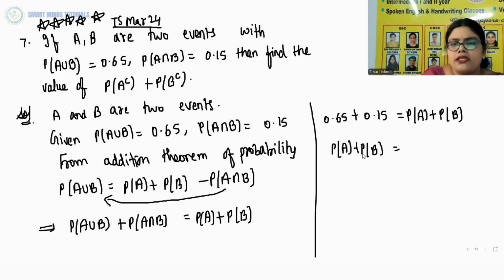It is 80. So this is 0.80, or simply we can write it as 0.8.